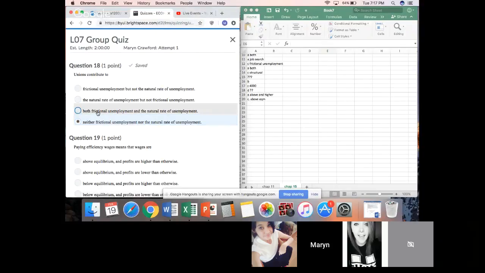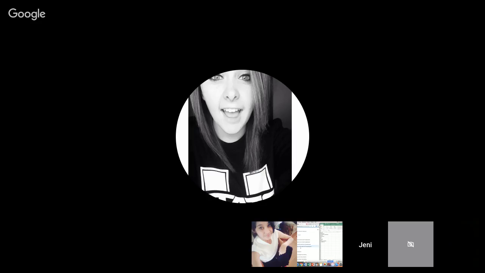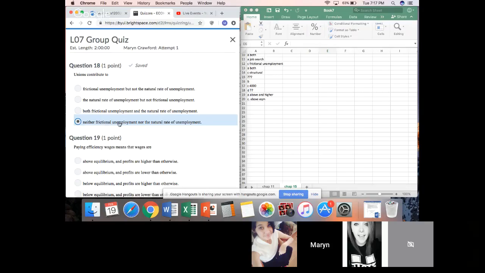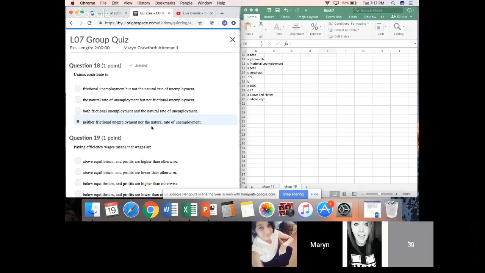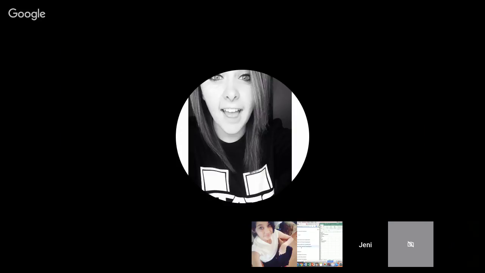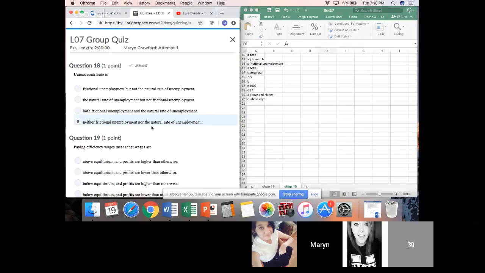So maybe it's C? You think maybe it's both frictional and natural? No, it's not frictional. I know that. So it'd either be B or D. I mean, the definition of natural unemployment rate is both frictional and structural. So then it makes sense that it's neither of them. So it could be neither, or it could be that it contributes to natural and not frictional. But if frictional is included in natural, then it couldn't be natural.